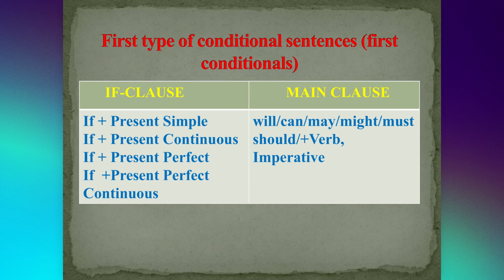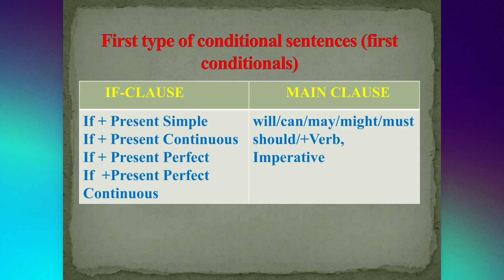If clause always starts with the conjunction if, and another part of the sentence is called main clause. In the first place, either if clause or main clause can be. It doesn't matter because the sense doesn't change.